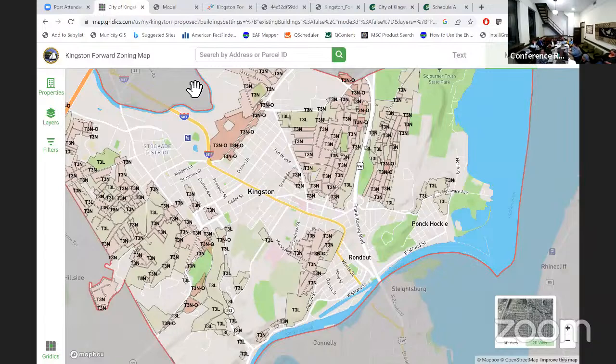In my opinion, that's not the general character of these neighborhoods, and that's what I'm hearing from residents that are concerned. Because we've basically said that the minimum density is what, a 3 unit?